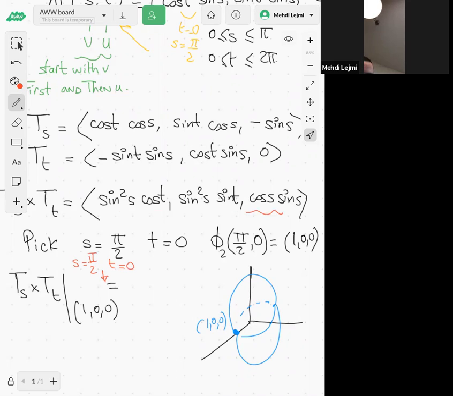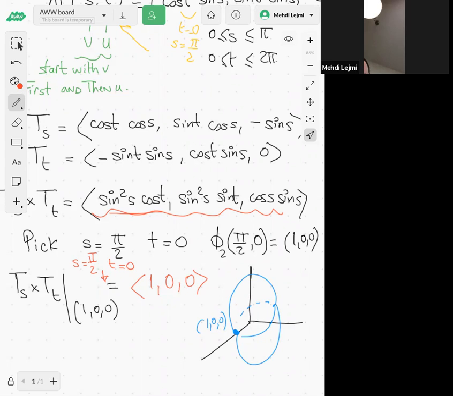So here is going to be 1, here sine of 0 is 0, and cosine of pi over 2 is 0. So you see, the normal vector at the point 1, 0, 0 is the vector 1, 0, 0.